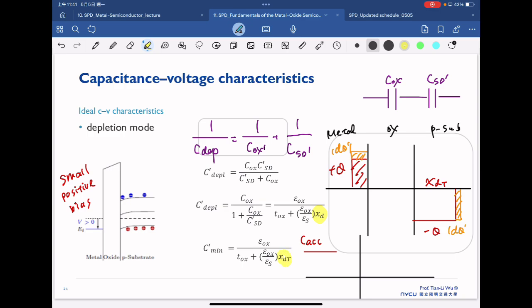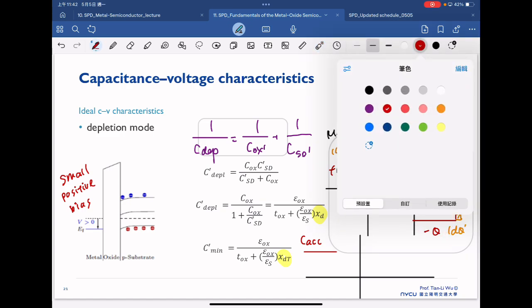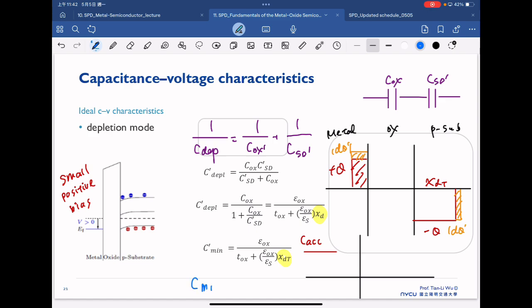The maximum depletion width in this depletion capacitance causes the total capacitance to reach the minimum value. So C min happens at the max depletion width.